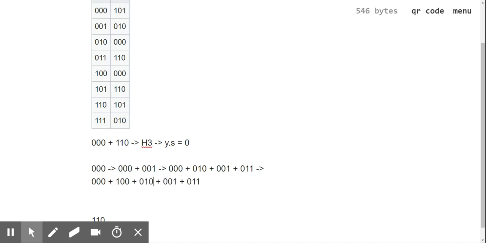This turns into itself plus this. This turns into itself plus this, and this turns into itself plus this. So far, so good.